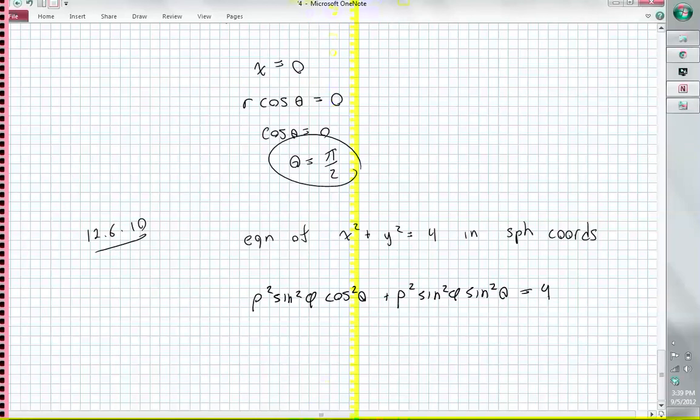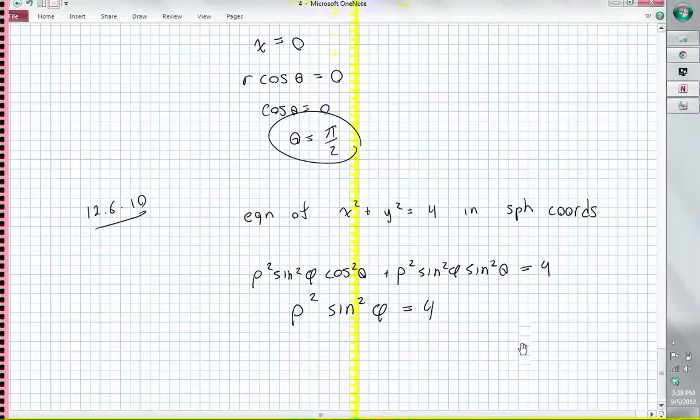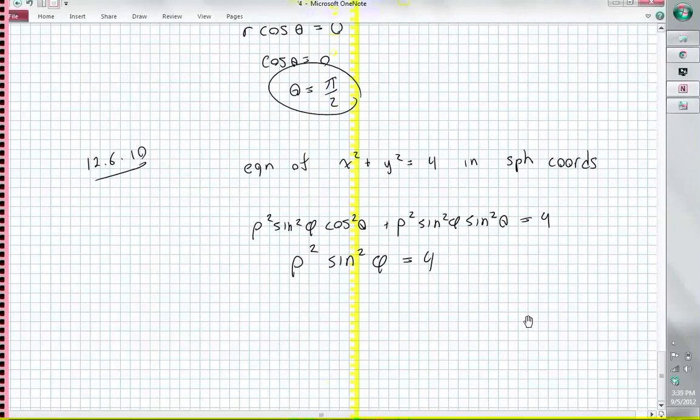And I get that familiar sine squared theta, cosine squared theta identity. This collapses into that. And you could take the square root here, I suppose. In fact, yeah, let's do that.